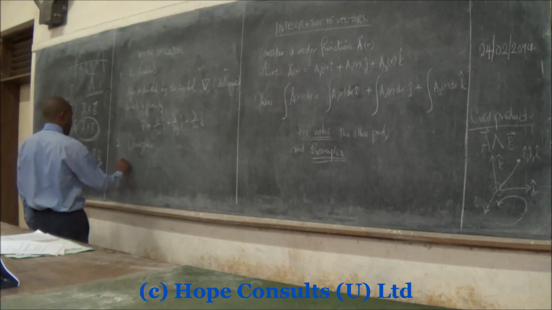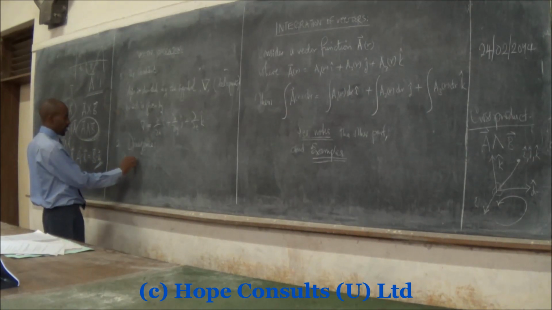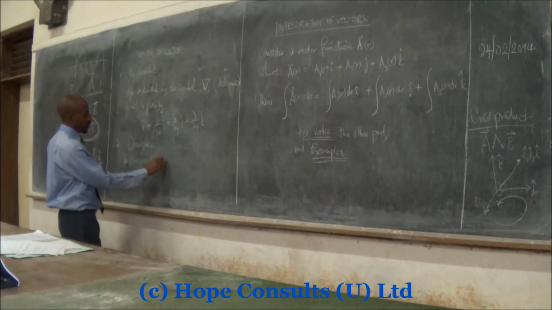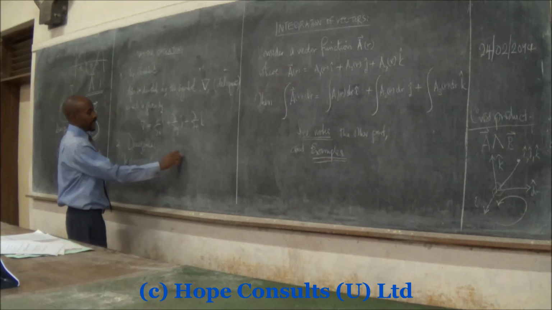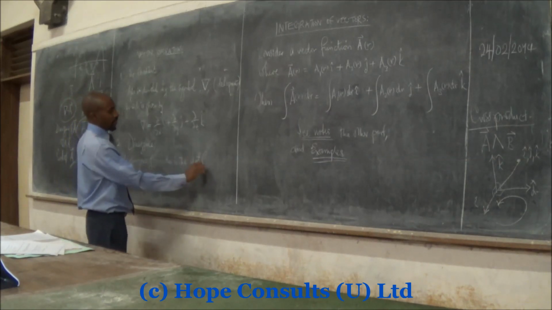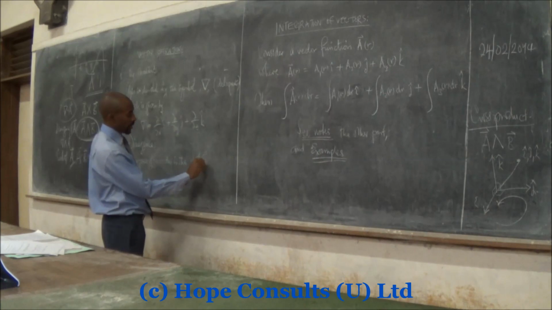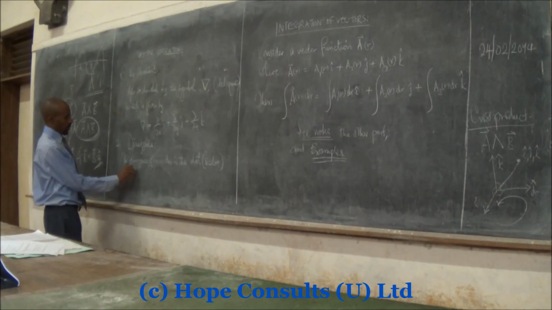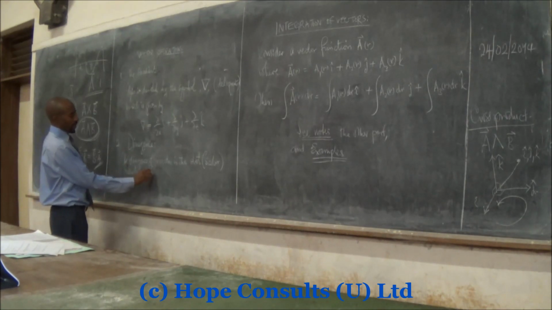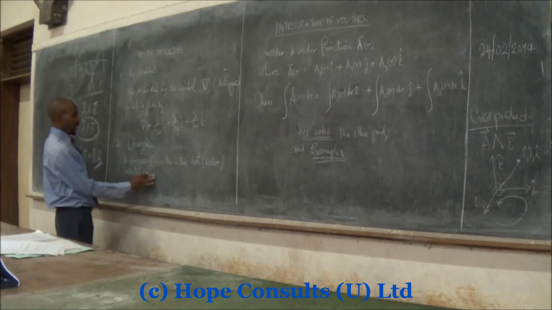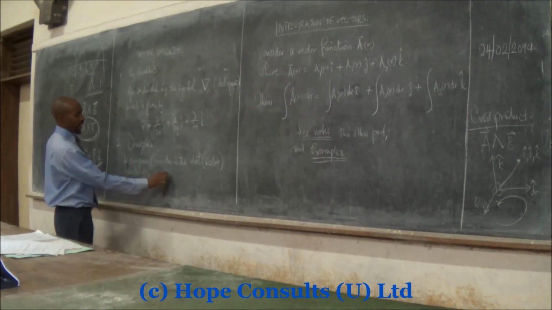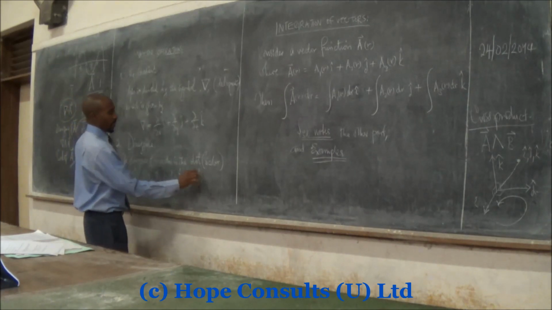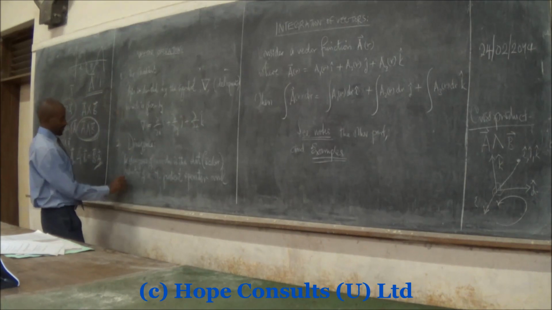So the divergence of a vector is the dot product, in brackets we say the scalar product, of the gradient operator and such a vector.